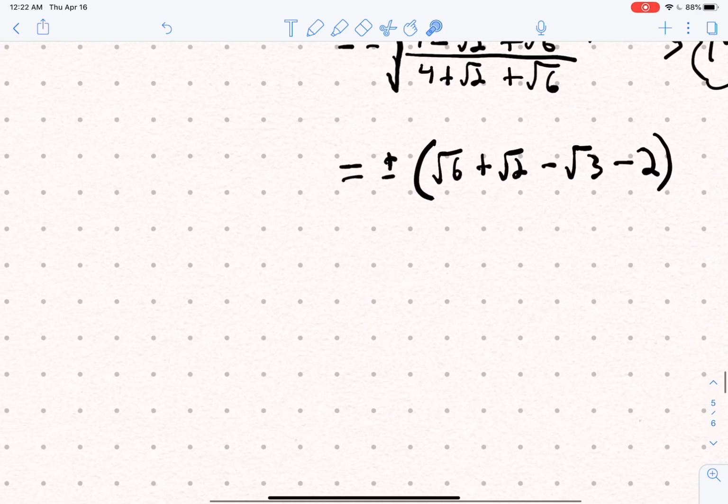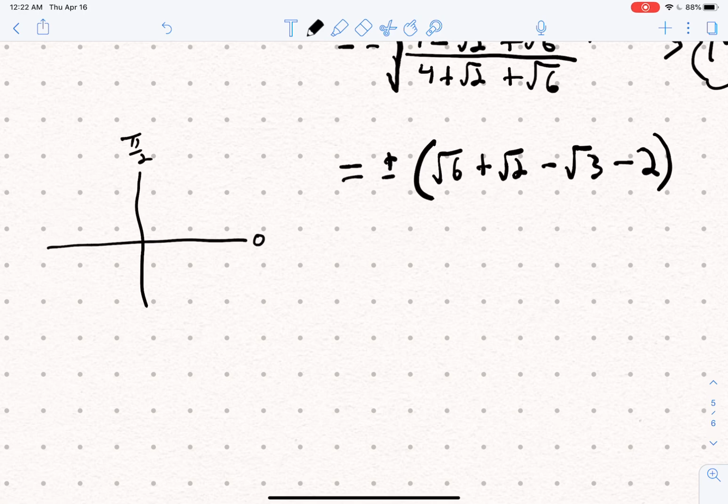Pi over 24, I mean, the 1 over 24, that fraction is a pretty small number. So if this is 0, and this is pi over 2, and this in the middle is pi over 4, and this is pi over 6, then pi over 24 is going to be something like this. And that is in the first quadrant. So this is quadrant 1.